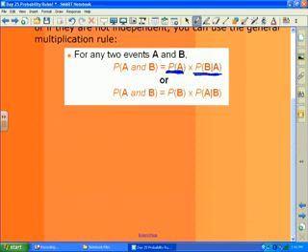What's the probability you get a white one? 5 out of 10, okay, 1/2. But the probability of getting another white one would be now 4 out of 9, because it's given that that one already happened.